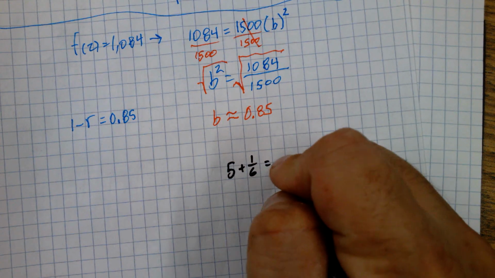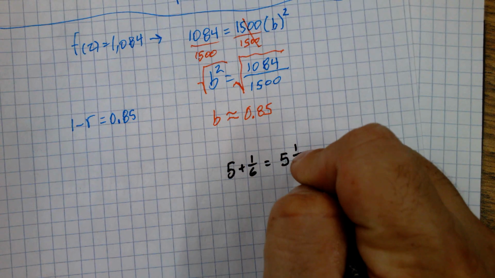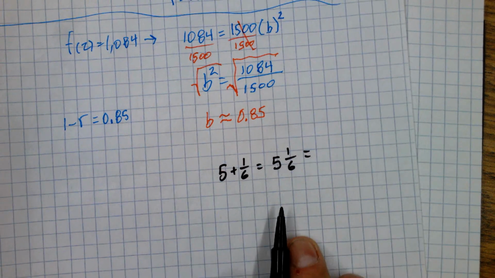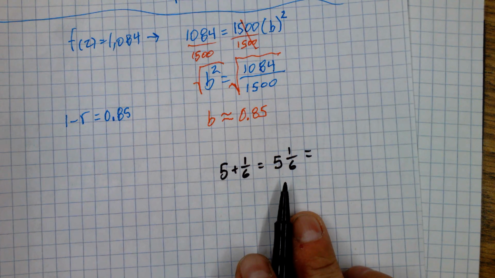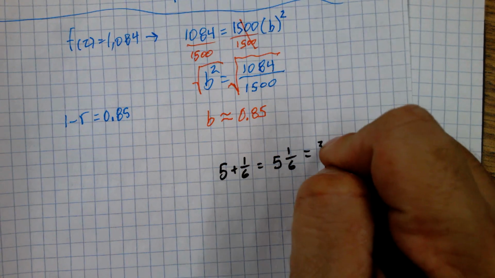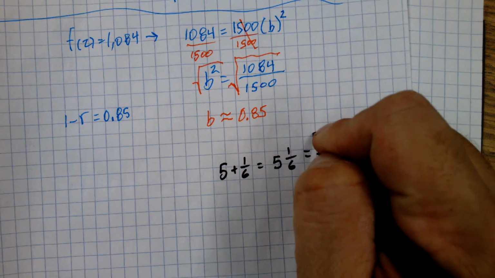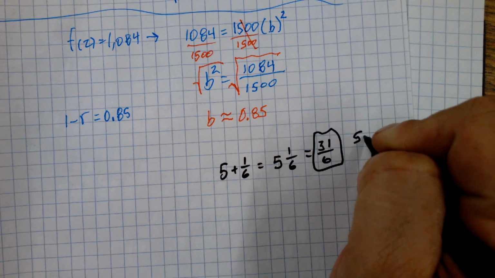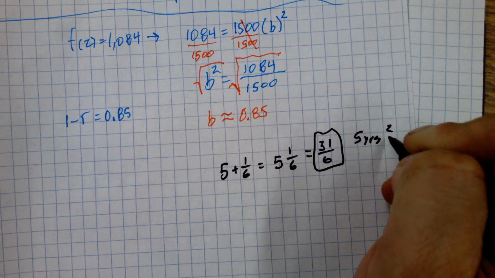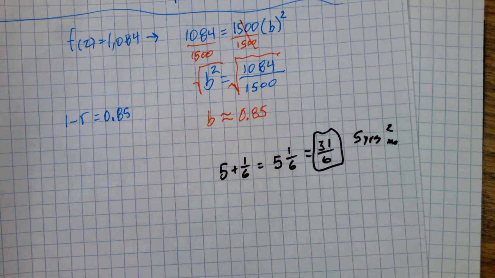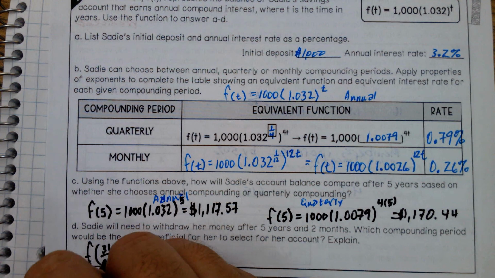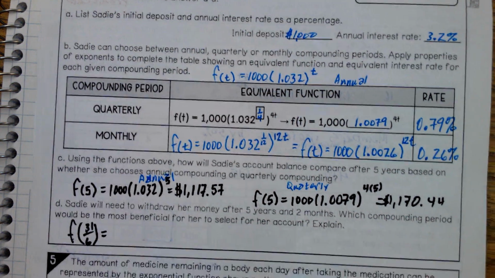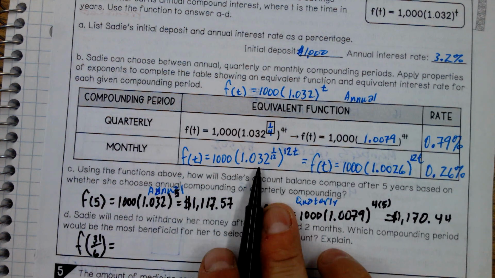That's 5 and 1/6. Let's convert that into an improper fraction. How much is that? Yes. 31/6. So this is 5 years and 2 months. So we're going to use 31/6. Okay. See? Knowing your fractions helps out. Okay. Now we're using the monthly.